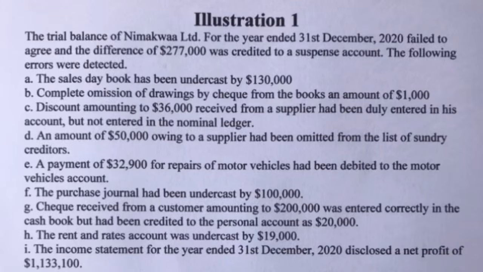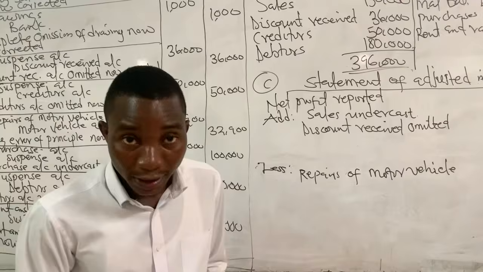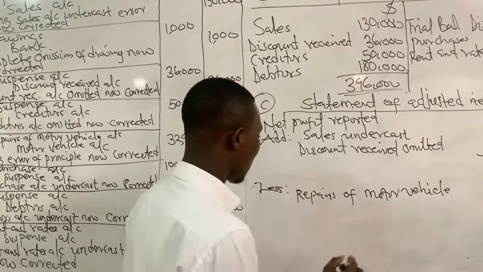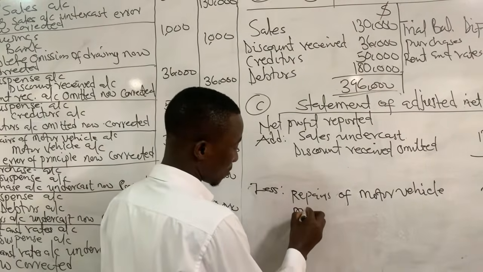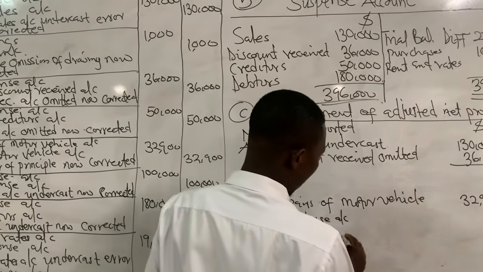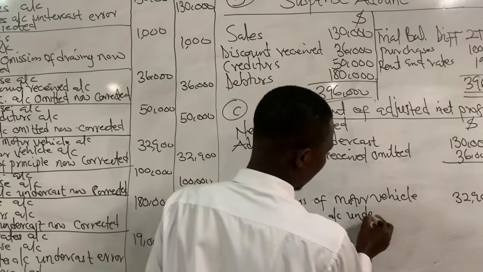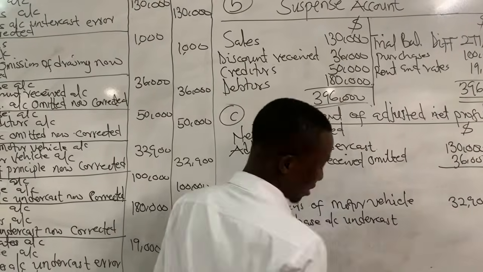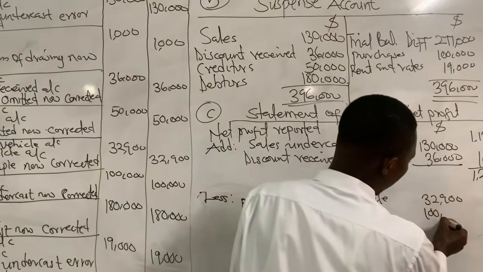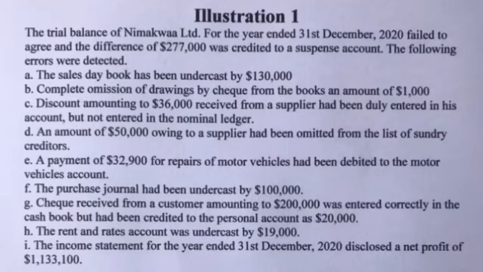F, the purchases journal had been undercast. Anytime you reduce your purchases amount, your net profit will increase more than expected, so it will be less. So purchases account undercast, and the amount involved is 100,000. And then the next one we can talk of is cheque receipt from customer.